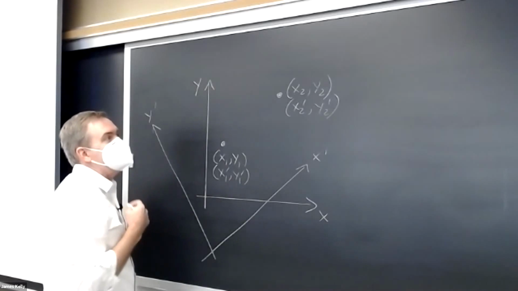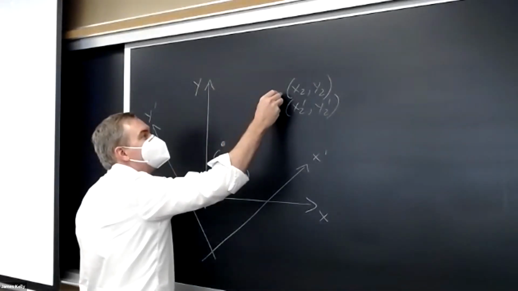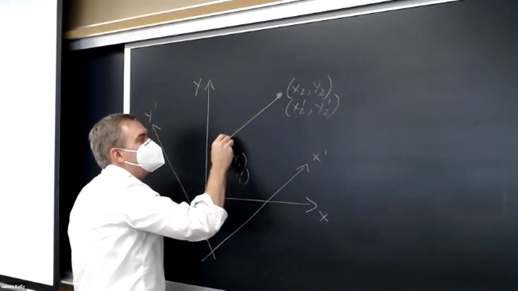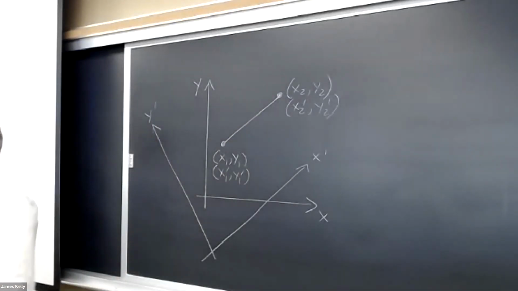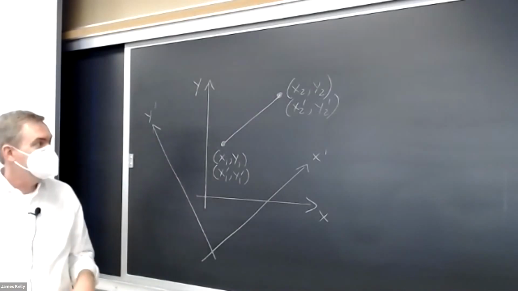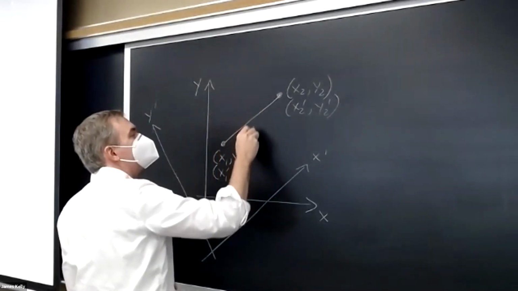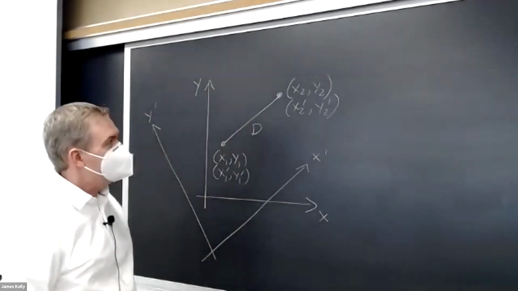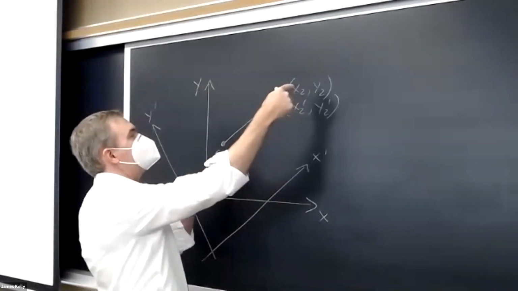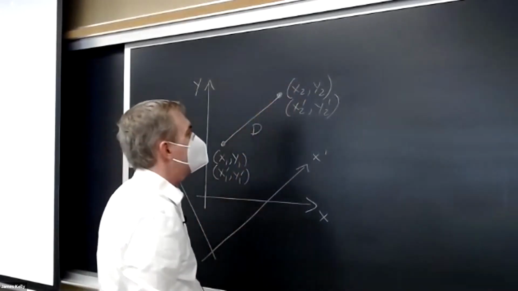Now, what does stay the same is, if I calculate the distance between these 2 points, I should get the same number in the two. So that's something we call an invariant of Euclidean geometry. It's a number, this distance, we'll call it d, that can be computed 2 different ways. I could compute it using the unprimed coordinates.